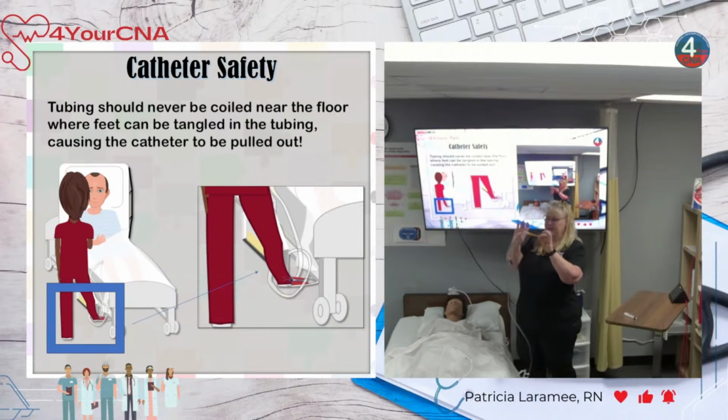Okay, and that's how these come together. Now I can pull pretty tight on that and it's not going to go anywhere. It grips pretty hard. But if you just barely put it on there and you pull, it's going to separate. So you really want to make sure that when you're trained to do this, that you put it on as far as you can and then you keep trying to get it as far on there as you can so that when the patient turns over in bed and it tugs on it a little bit, it doesn't dislodge it.